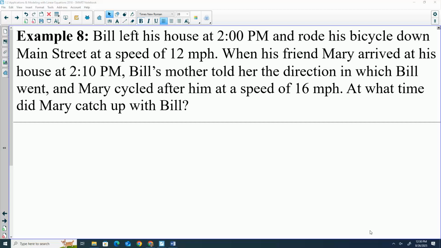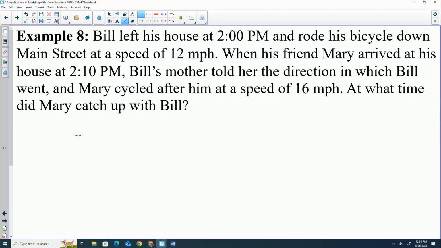Where would we begin? Table. What formula is going across the top?